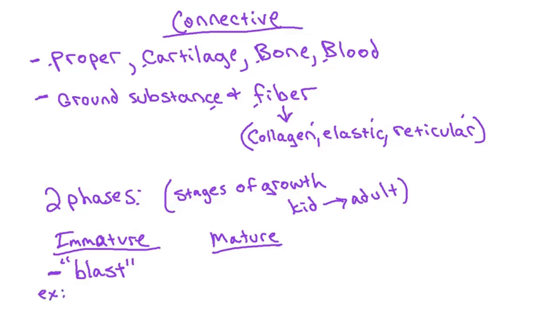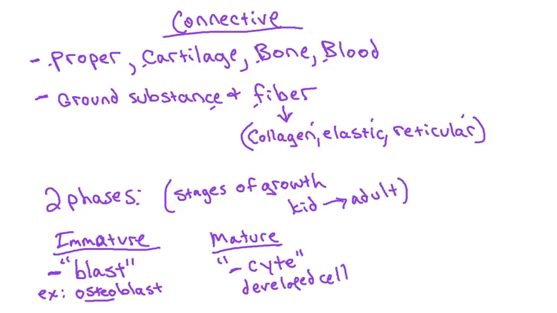So I'll put down here, example: osteoblast. And osteo means bone, so an immature bone cell. Now mature is going to end with the word site, and that means it's a developed cell. So you can think of it as like an adult cell. So those are the two phases of growth for connective tissue.